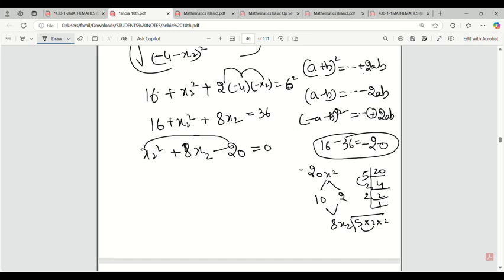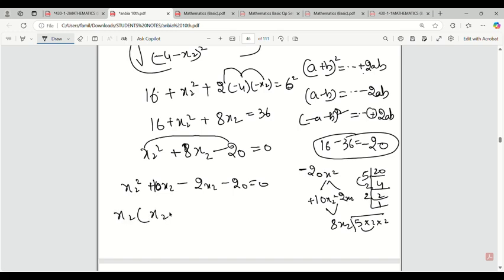And the end term is minus, so one of them should be minus. How to decide which one is minus? Check the middle term. It is positive, so the bigger number will be positive and the smaller number will be negative. Check it out: x2 square plus 10 x2 minus 2x2 minus 20 is equals to 0.